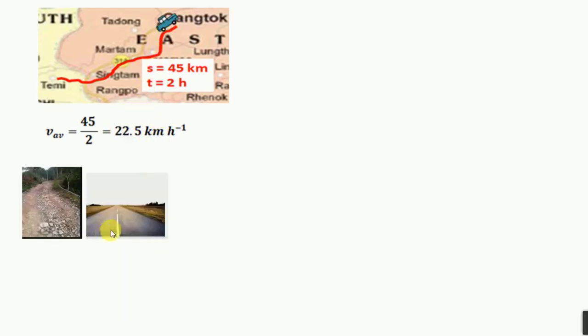We got the average speed to be 22.5 km per hour, but the car does not move with the same speed throughout the path. If you get a smooth road, you may speed up, and if you get a rough road, you may slow down. So the speed was not 22.5 throughout the path.